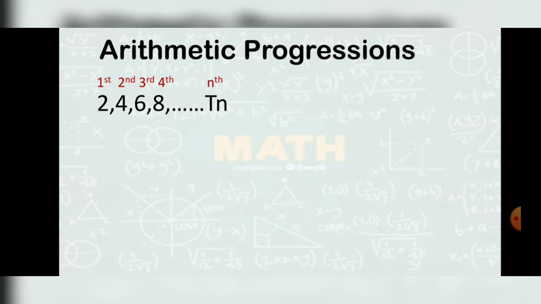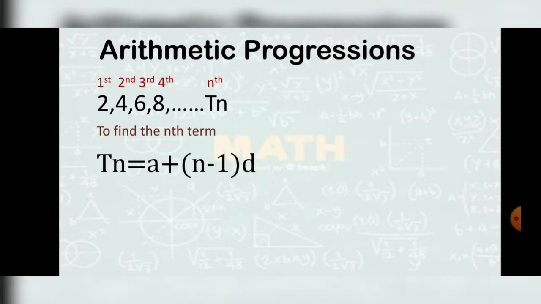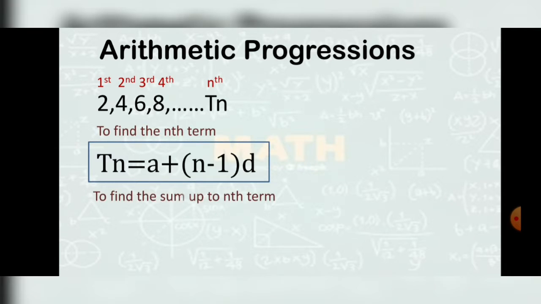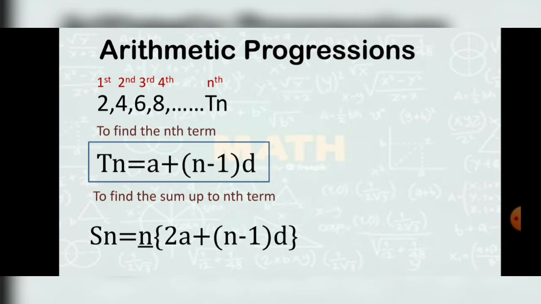If we want to find out the nth term, you have to remember this formula: Tn equals a plus n minus 1 d.